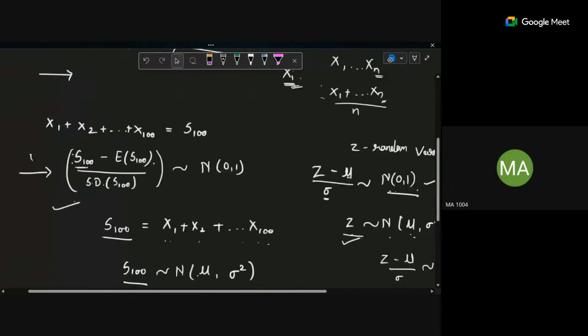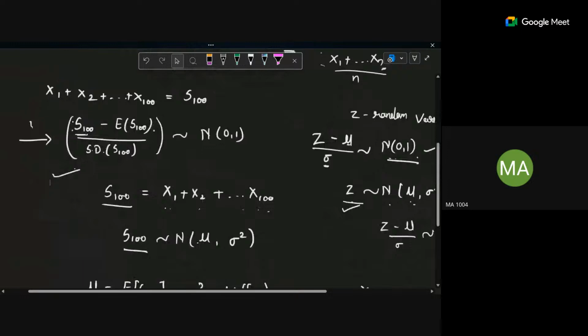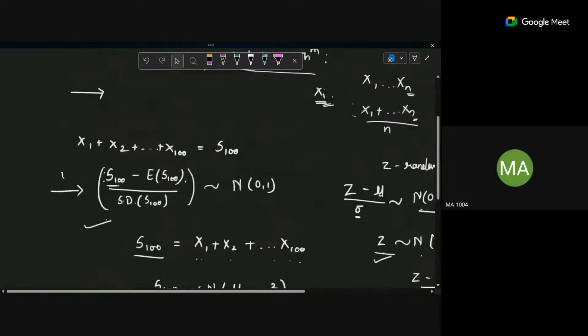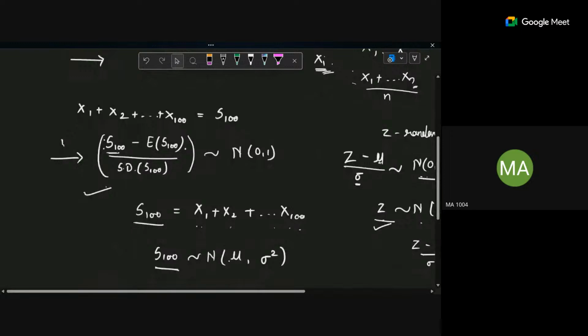See, we have n random variables, and CLT says that as n increases, the average or the scaling of your random variables will lead you to a normal distribution. Here in the question they have given that use CLT, that's why we are using CLT.